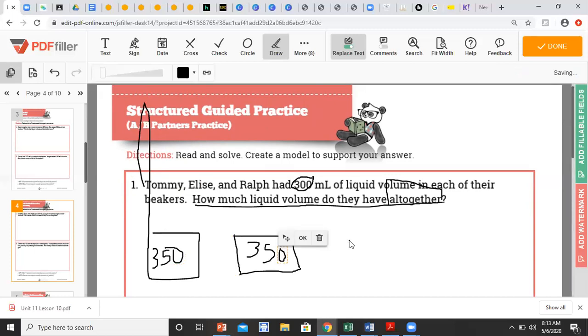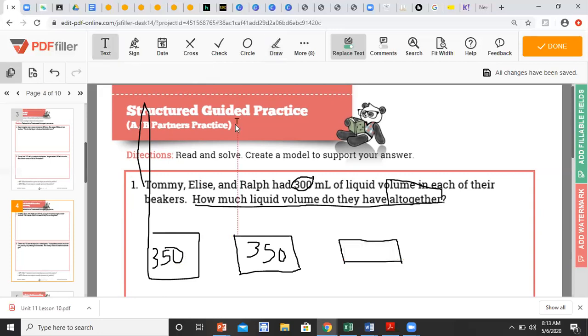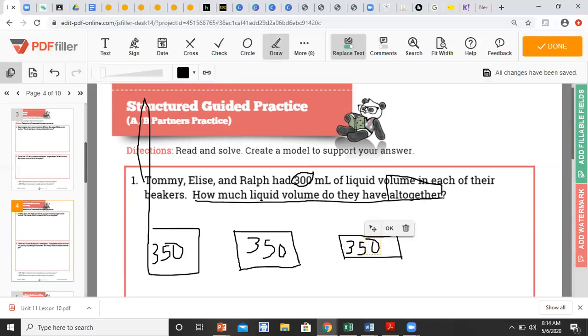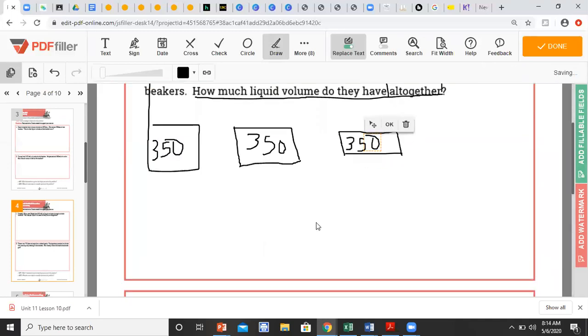And we know that Elise has 350. I apologize for the dogs barking in the background. So what we're going to do here is add 350 plus 350 plus 350.